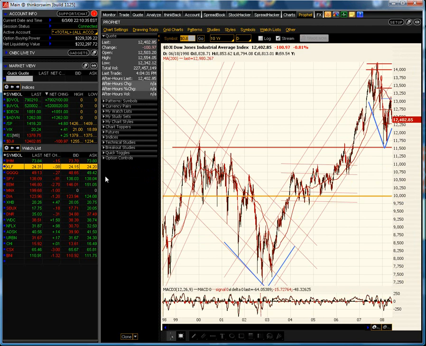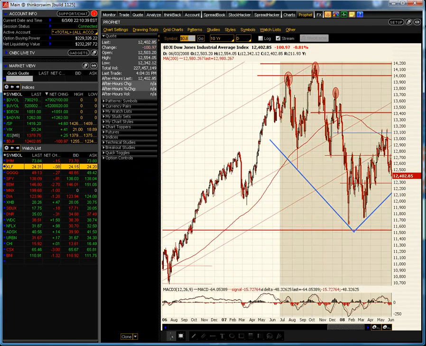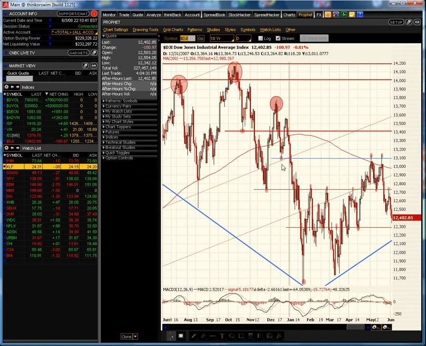And for the most part, that's pretty much all you're going to need. The Dow Jones Industrial Average here, all I do is draw little ovals around where the prices have kind of dropped down to and then rallied against them dramatically. I hope you understand that point.